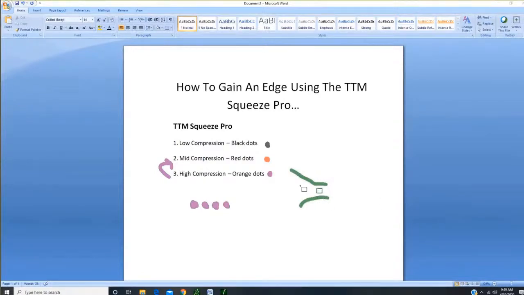So that's our high compression squeeze. What happens is when the orange dot squeeze fires, usually, and I don't think I've ever seen it fire straight into the black, but it might, most of the time volatility starts to contract, and it fires into the mid compression. So it fires into the red.